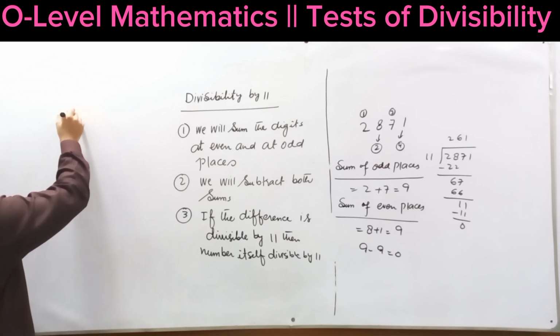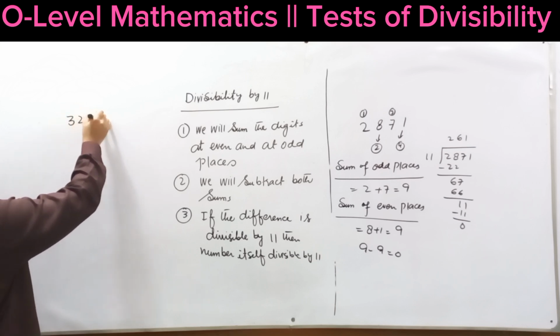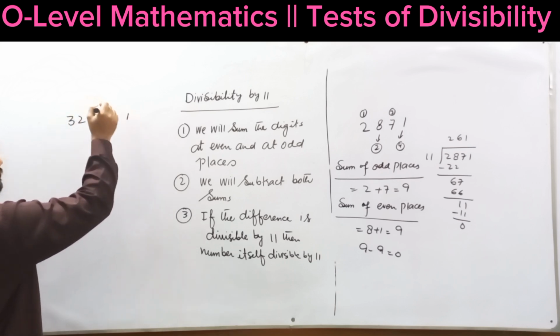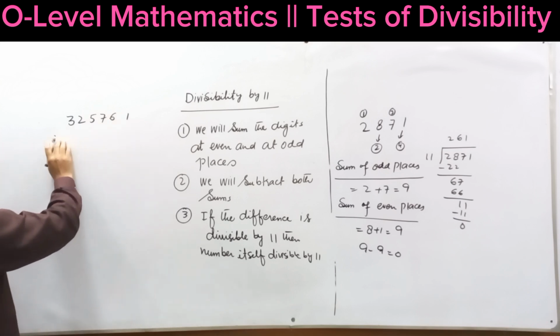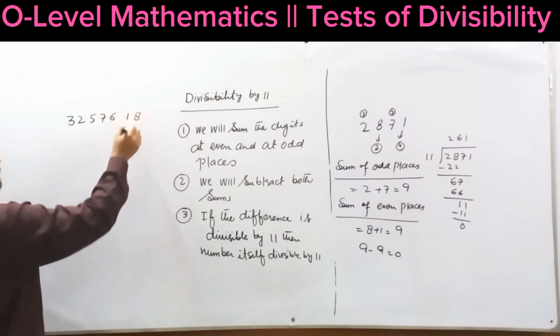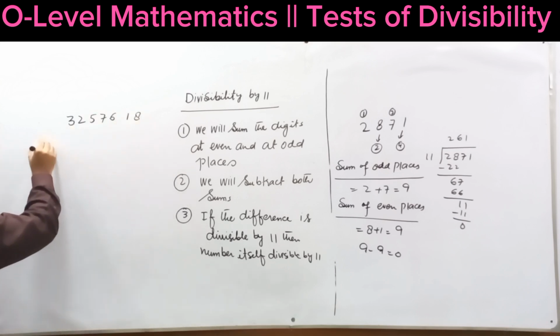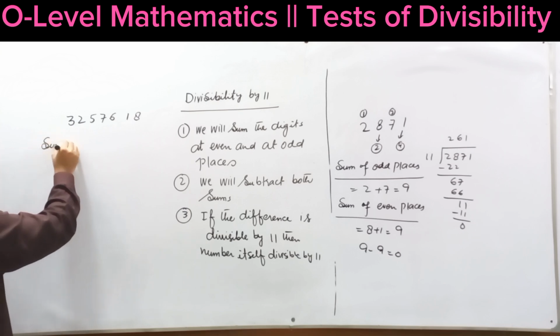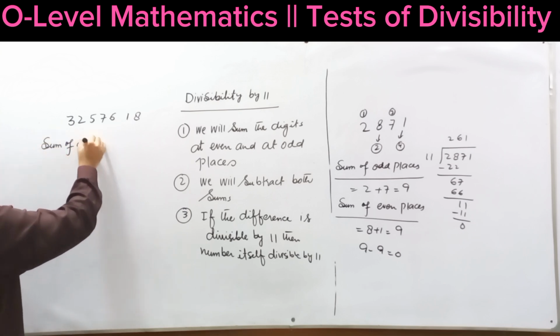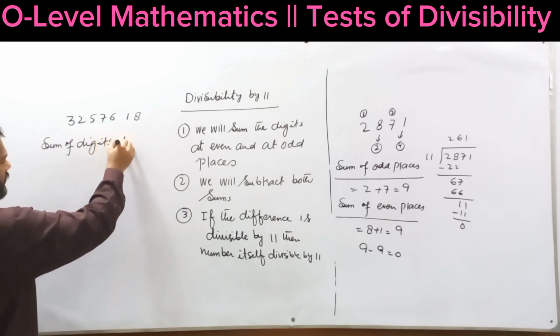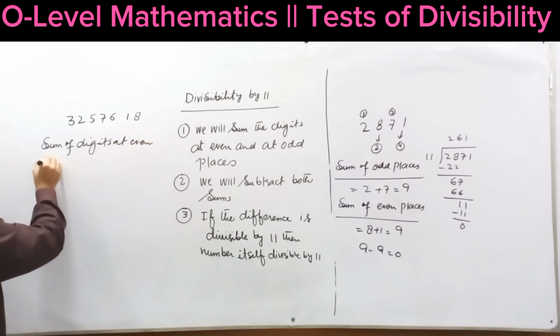Suppose our number is 3257618. What is the sum of digits at even places?